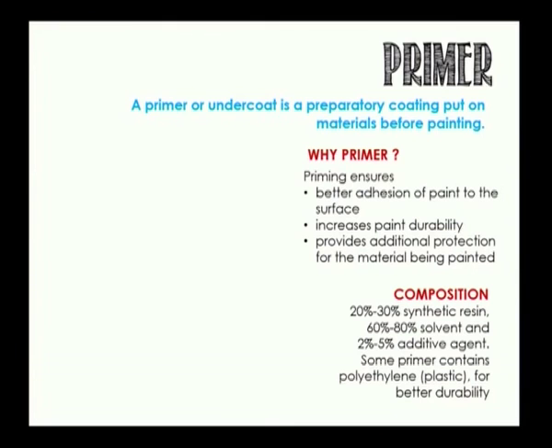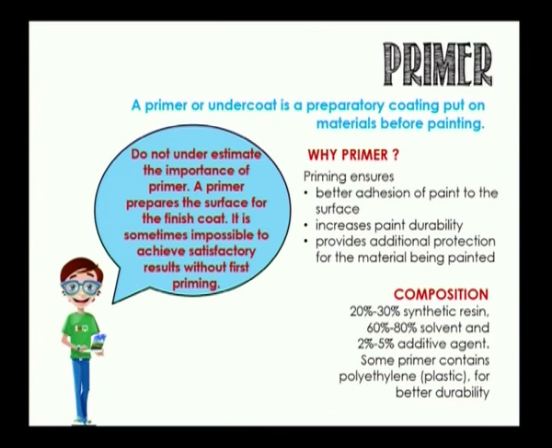Now, why do we need primer? Priming ensures better adhesion of paint to the surface, increases paint durability, provides additional protection for the material being painted. Usually primer's composition is as follows. It has 20 to 30% synthetic resin, 60 to 80% solvent and 2 to 5% additive agent. Some primers contain polythene, which is plastic, for better durability.